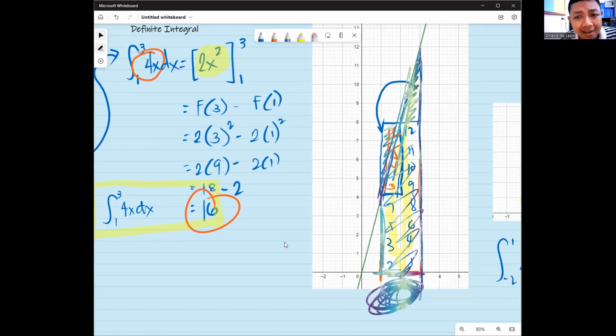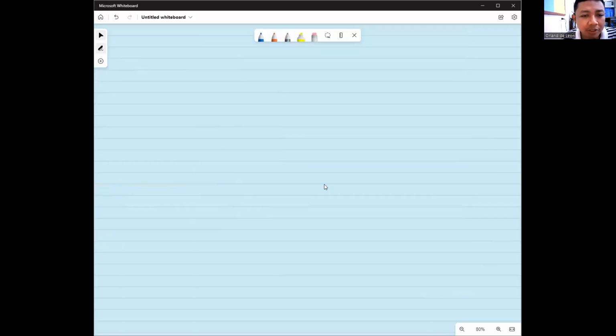When you say definite integral, we are solving for the area in the given function. Okay? Show me a reaction if that's clear, please. Very good. Okay. Now that you have understood the process, again, the process is first, get the integral.